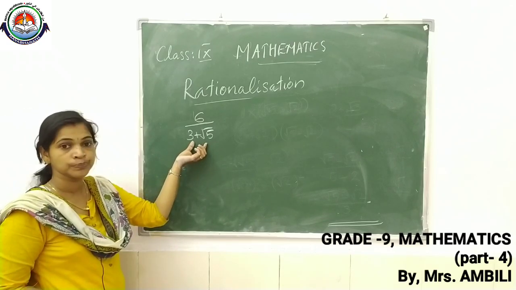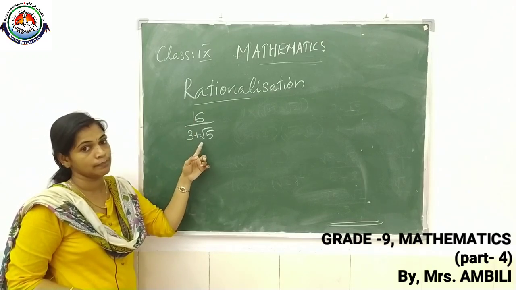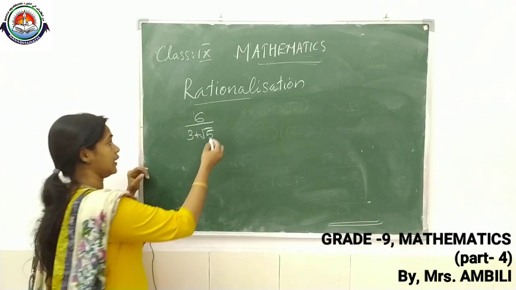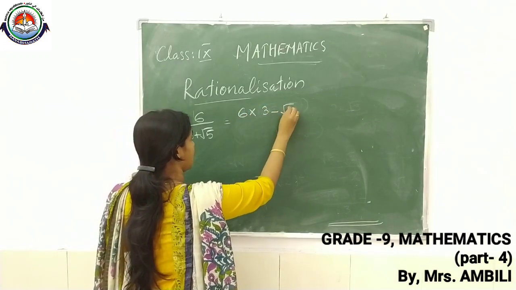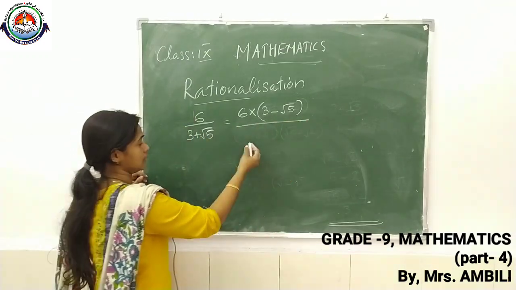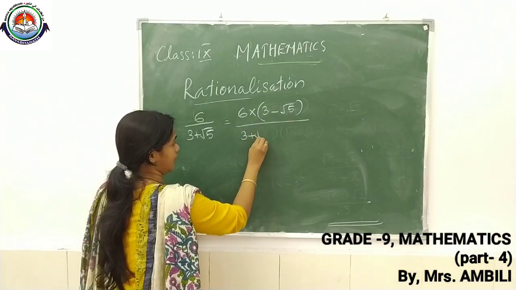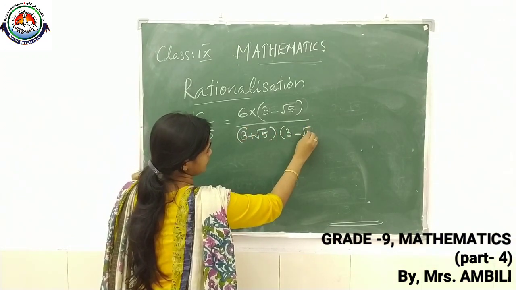So what do you need to do? You need to multiply the numerator and denominator with 3 minus root 5. Okay, multiply it. 6 into 3 minus root 5 divided by 3 plus root 5 into 3 minus root 5.